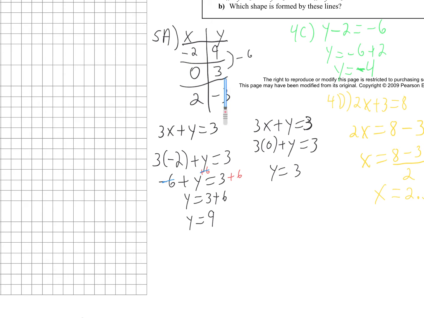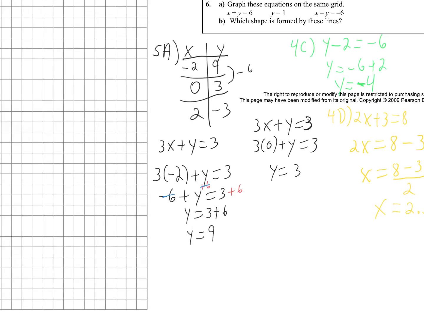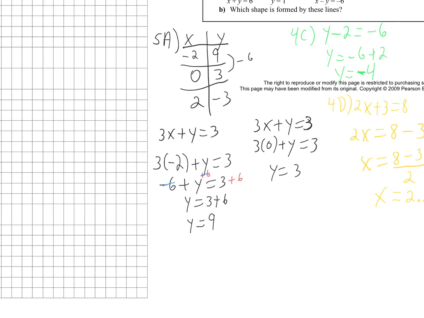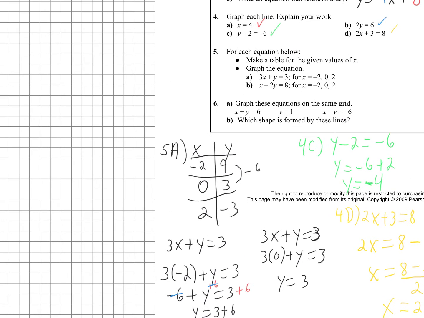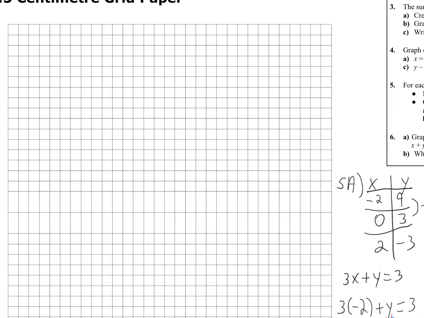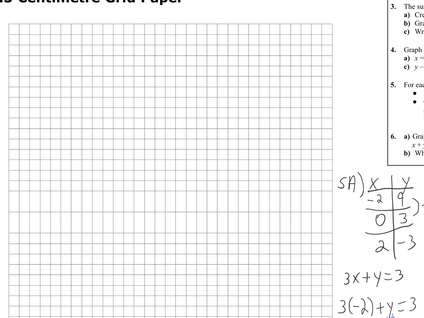So now I have these coordinates here, and it wants me to graph these. So I'm going to make a graph right up here, and this here is 5a, we'll say.